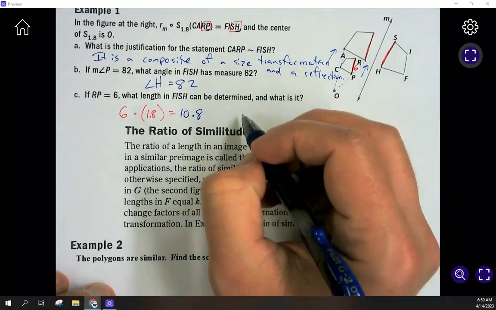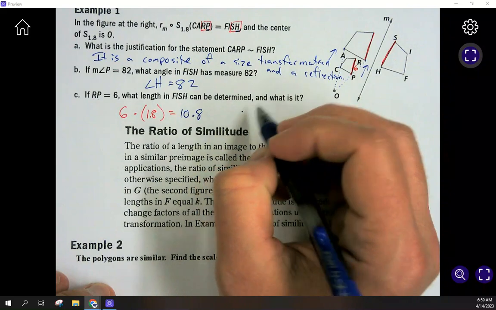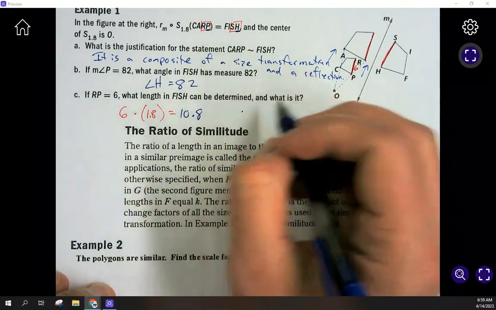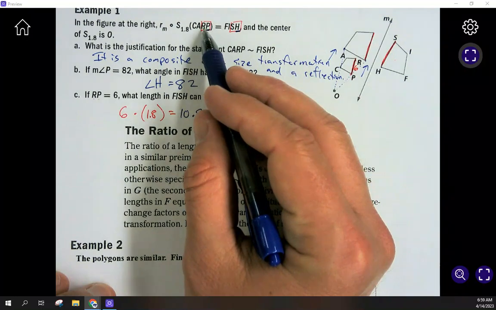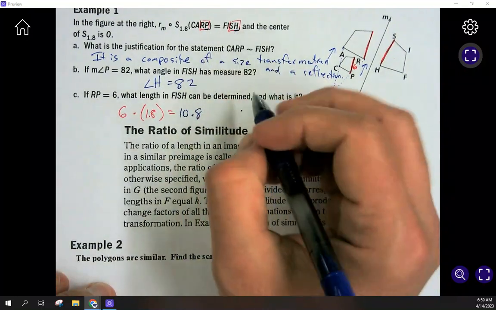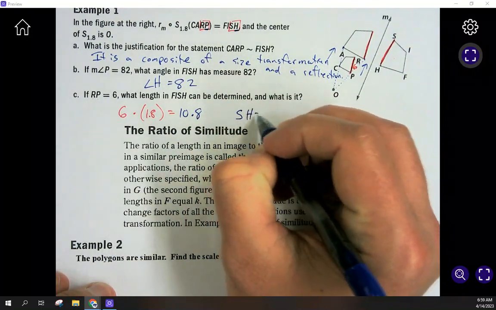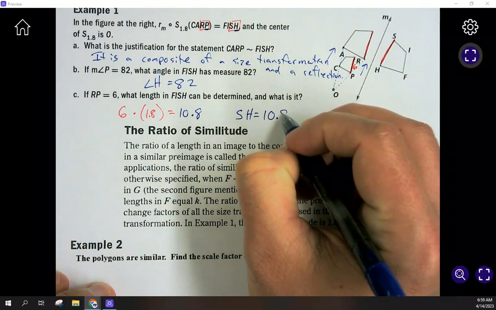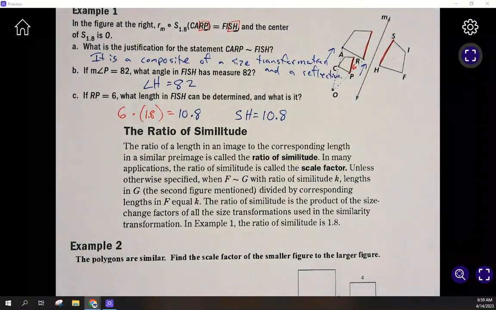And we should go ahead and write the actual letters there. We want to make sure it's in the same order. So instead of saying HS, if we started with RP, it's going to match SH equals 10.8.